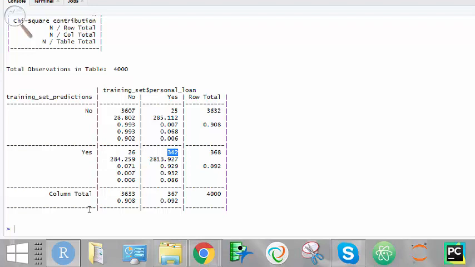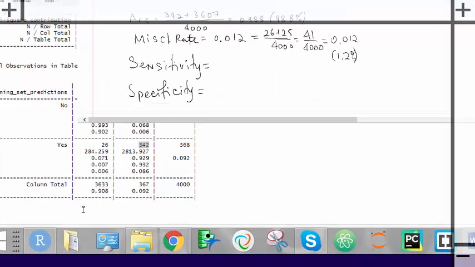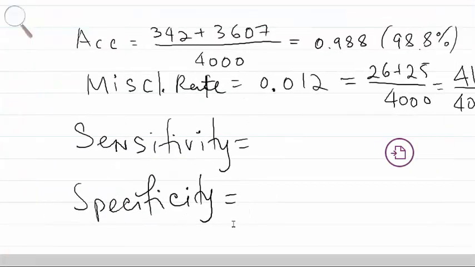What percentage of actual responses, true responses of interest, were predicted by the model correctly. In my case, the responses of interest are yeses in column 2. Out of 367, 342 were predicted correctly.